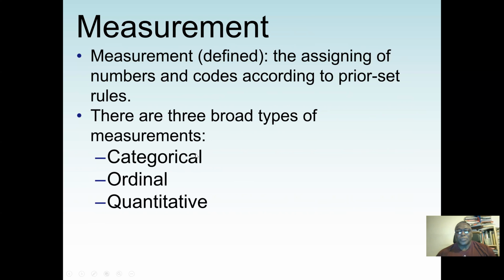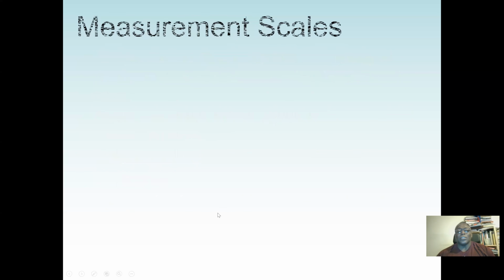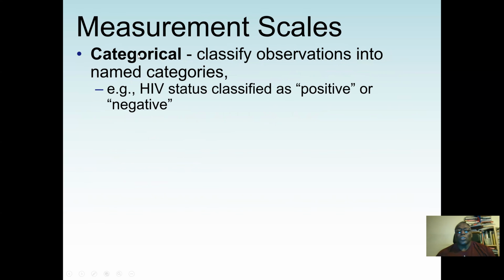But here we, again, break it into three types, which is categorical or nominal, then ordinal and quantitative. So categorical means classify observation into named categories. We say that for categorical or nominal data, we cannot do arithmetic operations. The only operation we can do is counting.